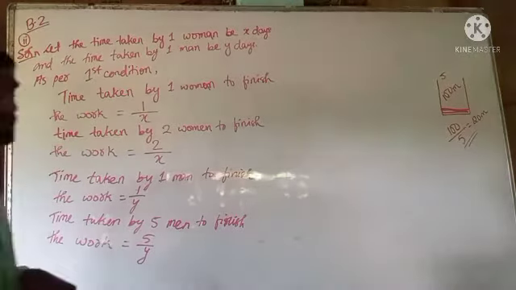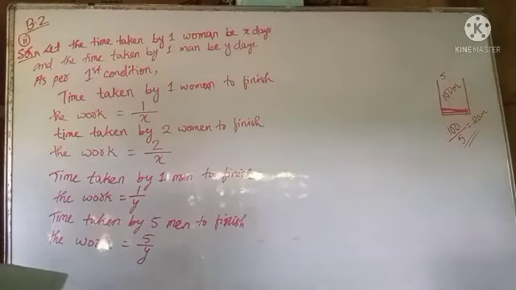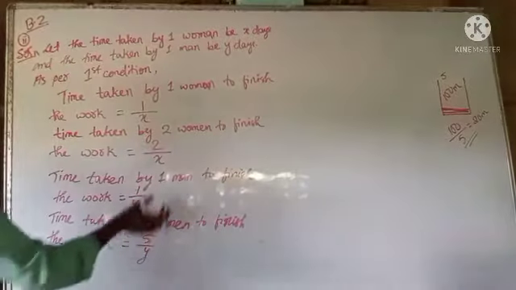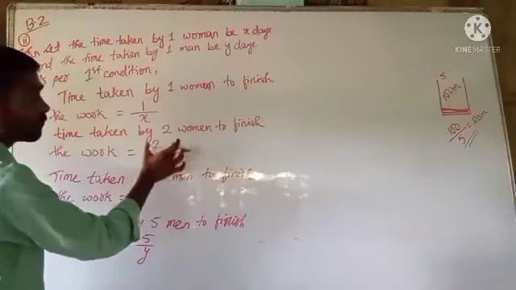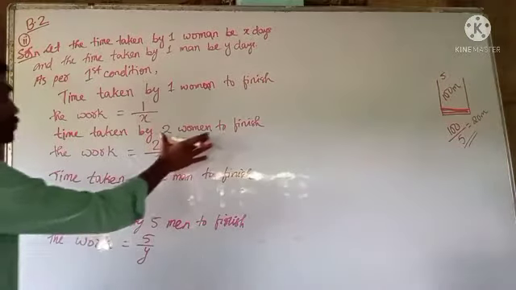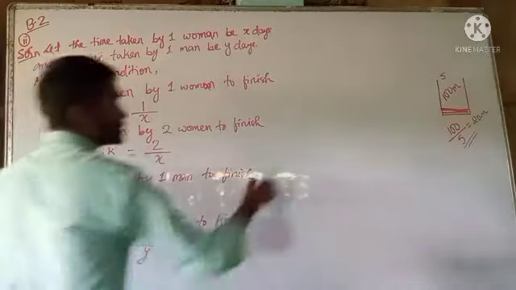Now it is said that it takes them 4 days to complete that embroidery work. So what we are going to do is, we are going to multiply this with 4 in order to find the work done by 2 women in order to finish that one embroidery work.